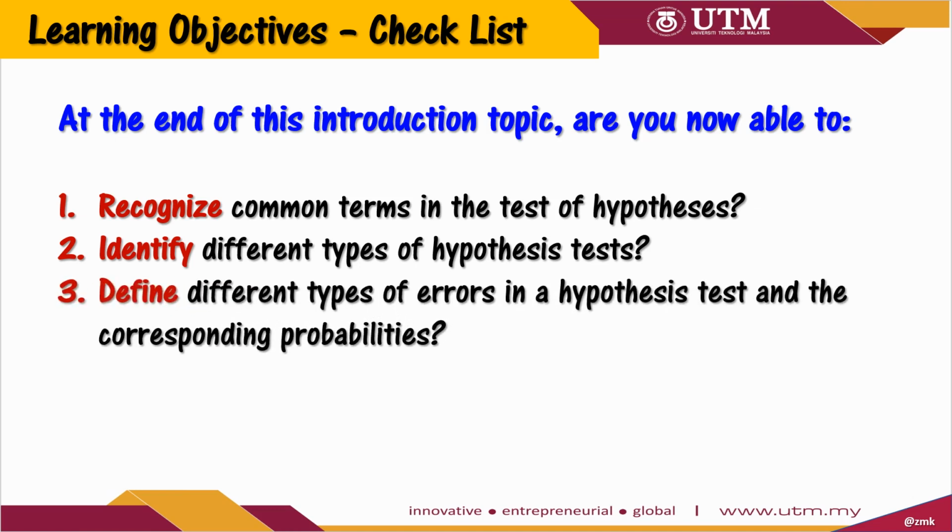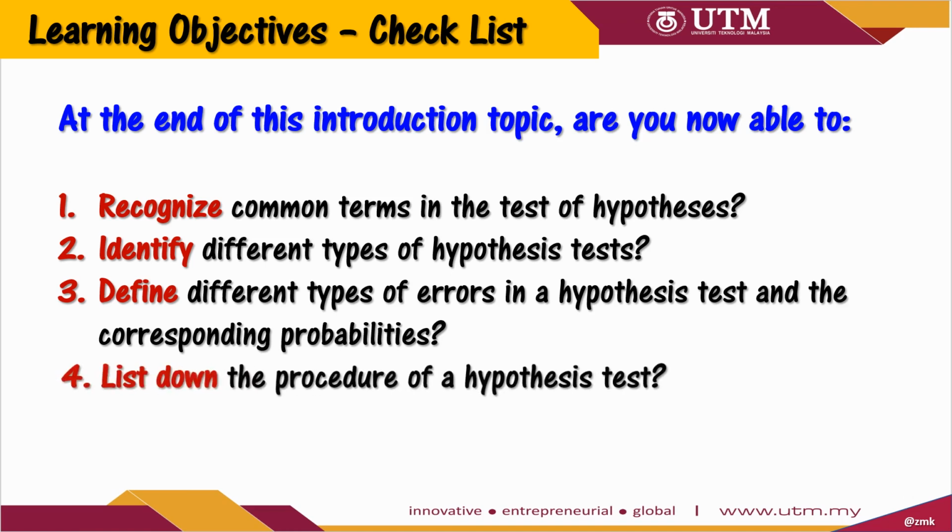Are you now able to define the two types of errors that could occur in a statistical testing and detect at least the probability of making type 1 error? You should at least know what type 1 error is and its corresponding probability, which is simply the level of significance alpha.